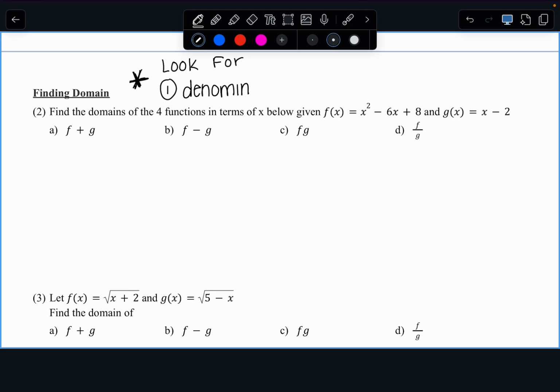Denominators. Remember, denominators cannot equal 0. And the second thing is square roots. Because the stuff under the square root has to be greater than or equal to 0.